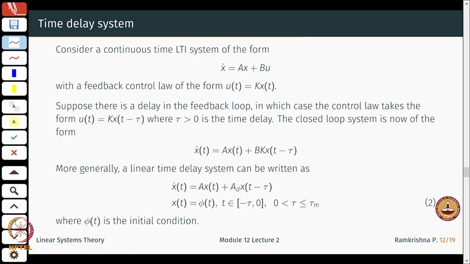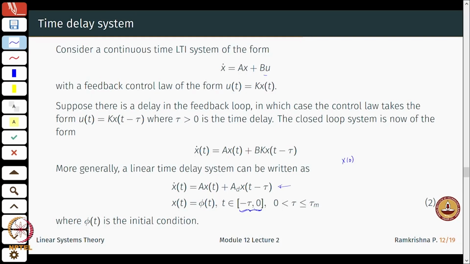I start with x dot equal to a x plus b u, and I write a delay system which is of this form. The initial conditions now need to be defined on the whole time interval from minus tau to 0. To solve an ordinary differential equation, I need just x of 0, whereas to solve a delay differential equation I need the set of all initial conditions in the time interval minus tau to 0.